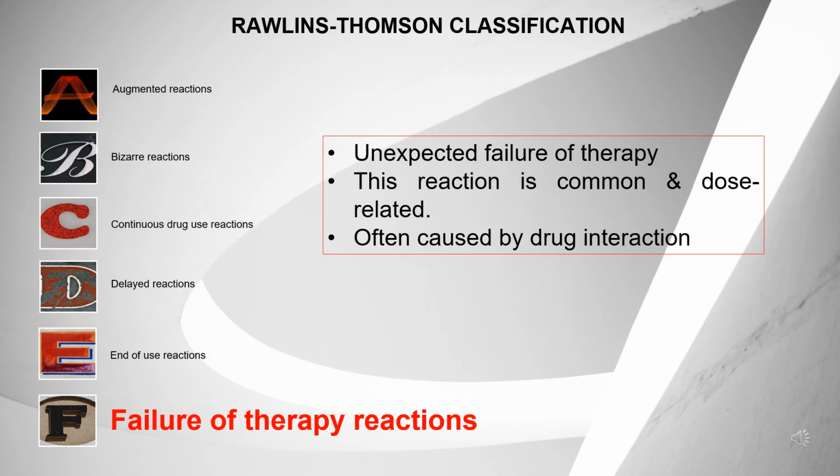The last one is the failure of therapy reactions. This is an unexpected failure of any therapy, and this reaction is common and dose related. It can also be caused by drug interaction. An example of the failure of therapy reactions is the resistance issue of antibacterials.